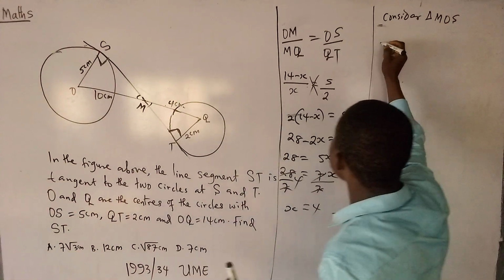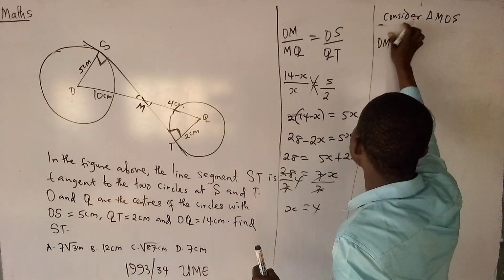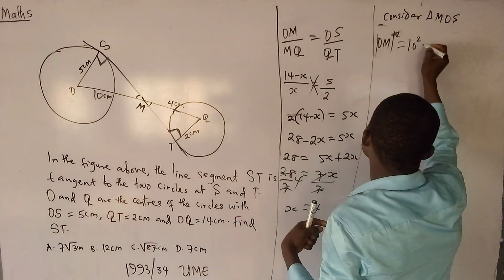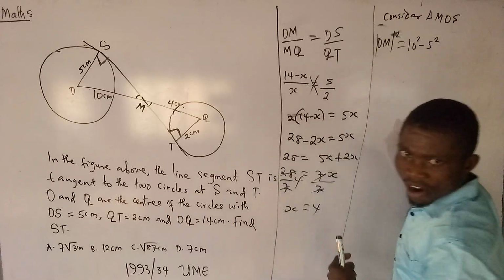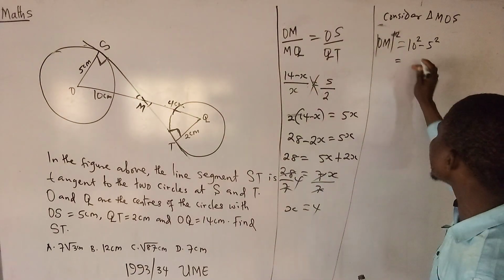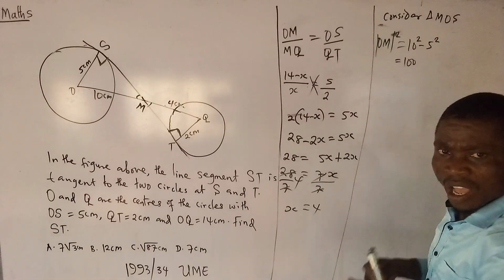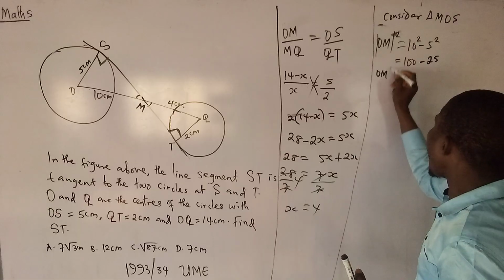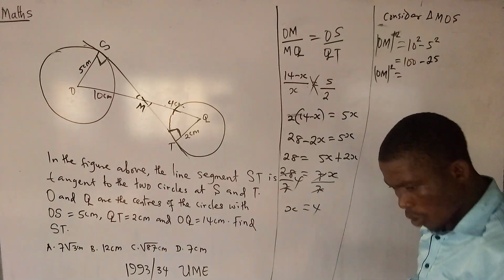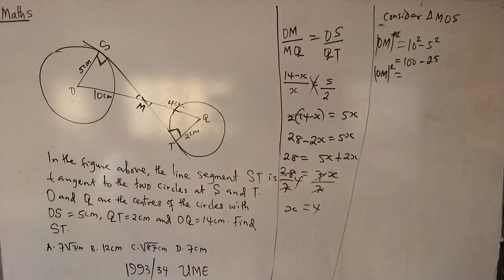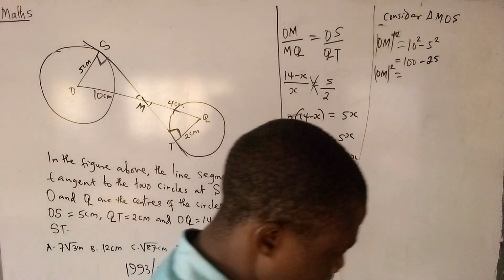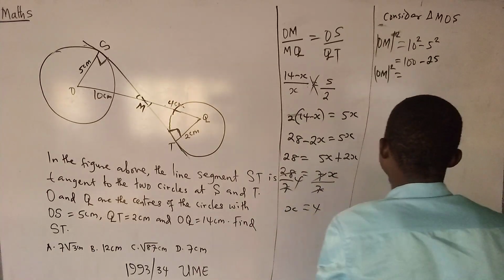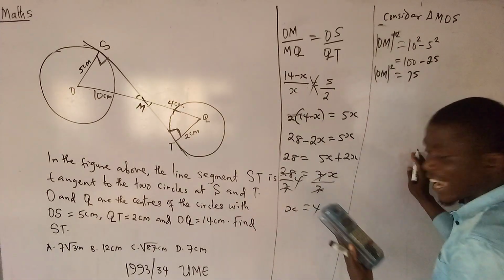MS squared equals 10 squared minus 5 squared, which is 100 minus 25, giving 75.